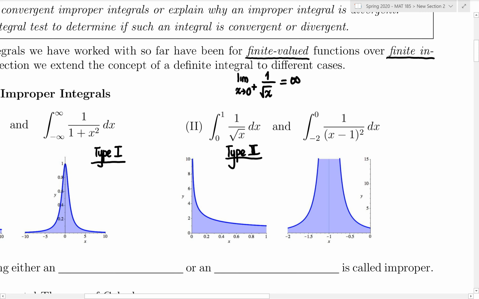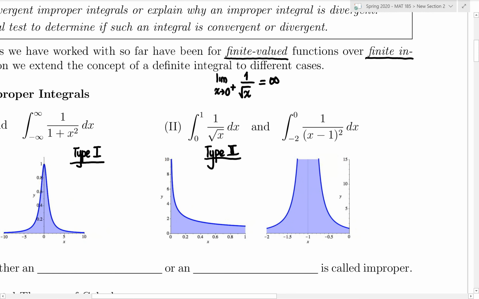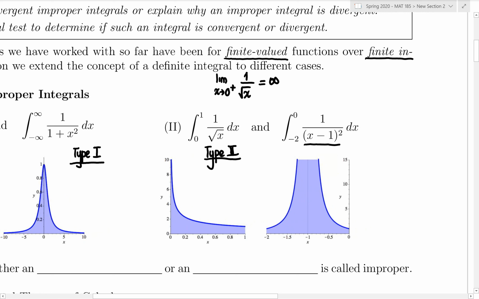Again, we're going to formally define these integrals. Similarly, if I look at this one, the interval is finite. But let's look at this function we're integrating. Is it continuous? Does it have an infinite discontinuity? What happens at x equals 1? The denominator goes to 0 and the numerator does not go to 0, meaning we have a vertical asymptote at x equals 1.